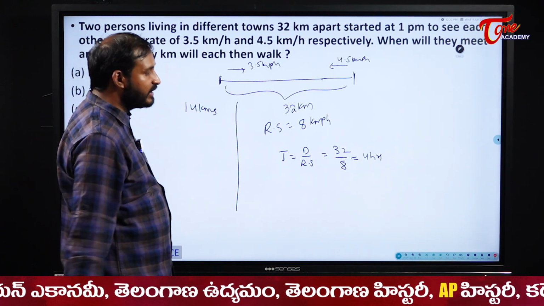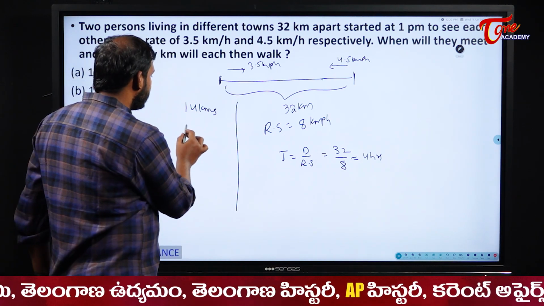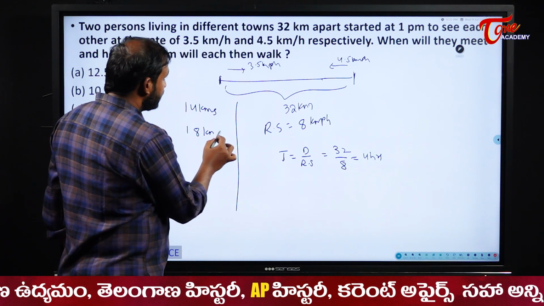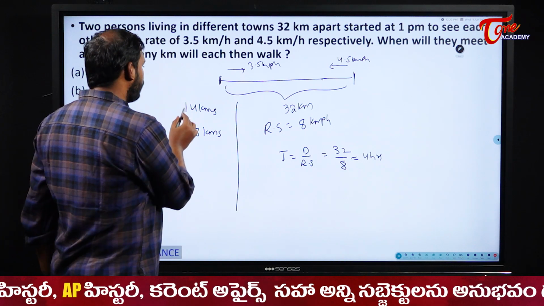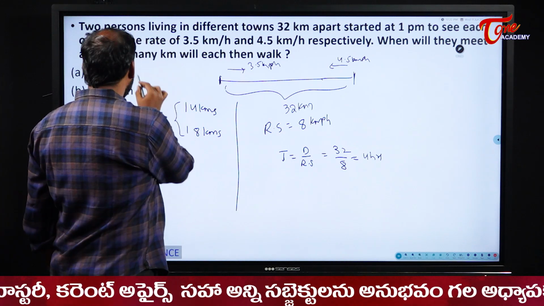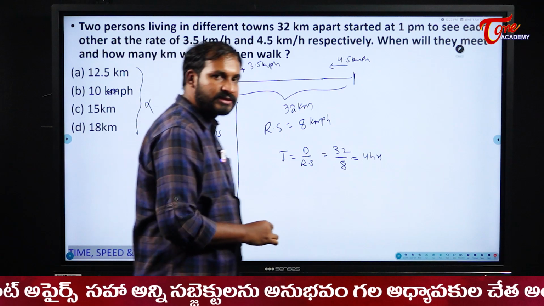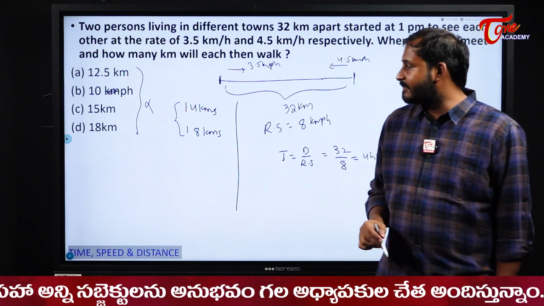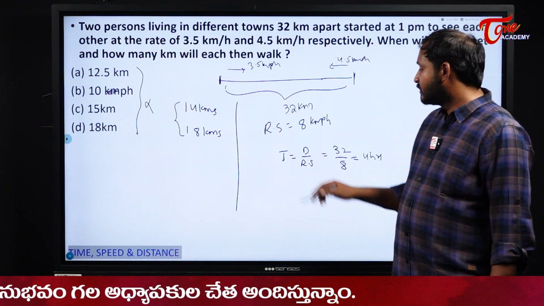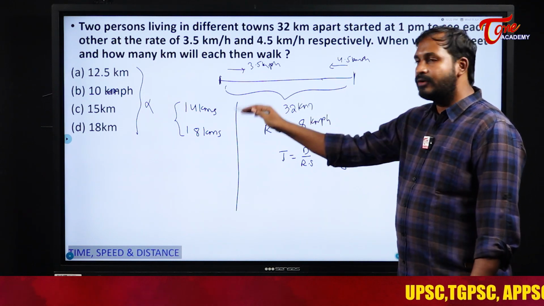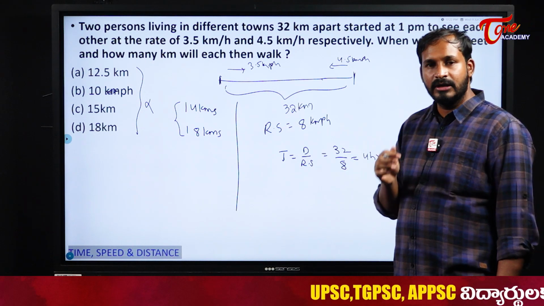And the second person, 4.5 into 4, will cover 18 kilometers. So, 14 kilometers and 18 kilometers. Here the option set is wrong, but the first person will cover 14 kilometers and the second person will cover 18 kilometers. Understood? So 3.5 into 4 is 14, and 4.5 into 4 is 18.